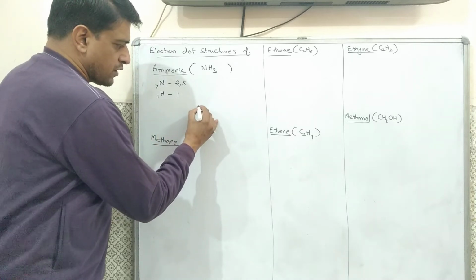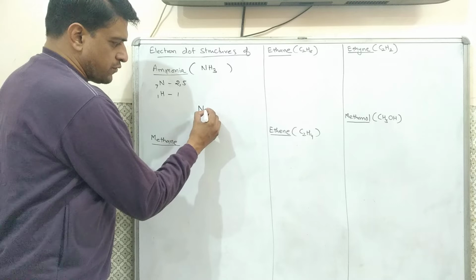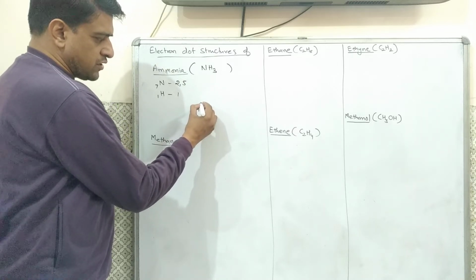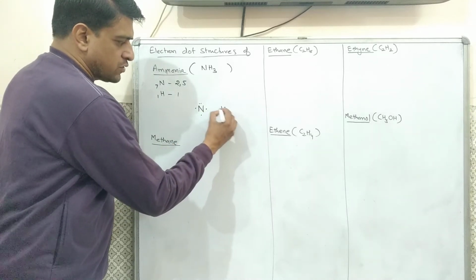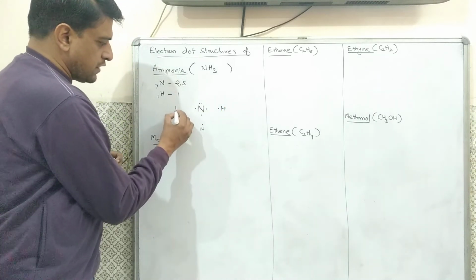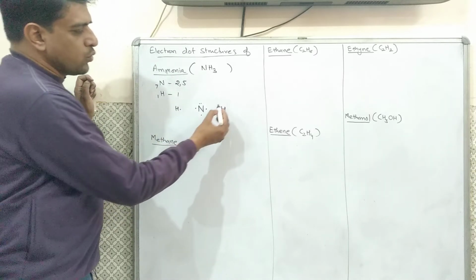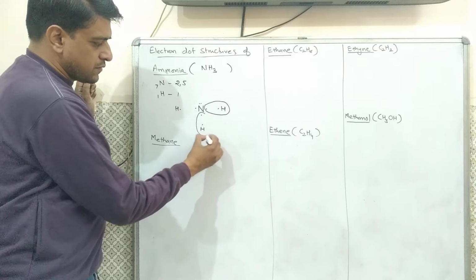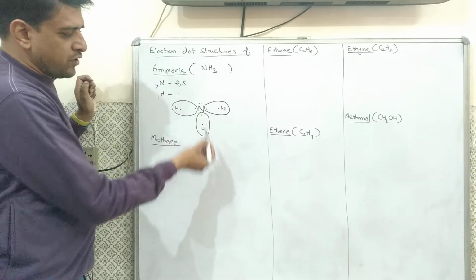Now, the outermost electrons of nitrogen will be 3 electrons which are sharing, and these 2 electrons, they are non-sharing electrons, and hydrogen, one on this side, one on this side, and one on this side. Now each hydrogen will share 1 electron with nitrogen like this. Now it's turn for nitrogen.